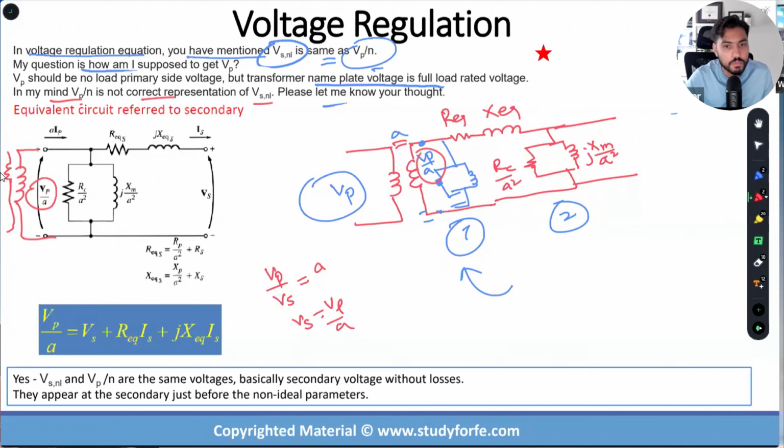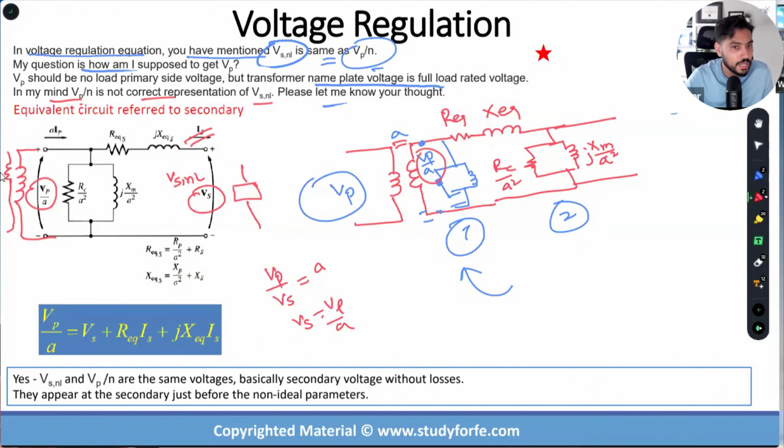Let's see, what is VSNL? Secondary no load voltage. If I don't have any load connected over here, and I want to make this VS into VSNL, what has to happen? There should not be any current flowing, correct?